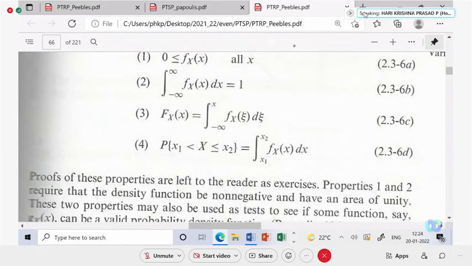Whenever I integrate the density function, see the upper limit. The upper limit is x. What is the argument for the density function in the integrand? Density function fX of zeta, right? So the independent variable is different from x. When you integrate, that independent variable disappears and it will be replaced by the limits, x and minus infinity.